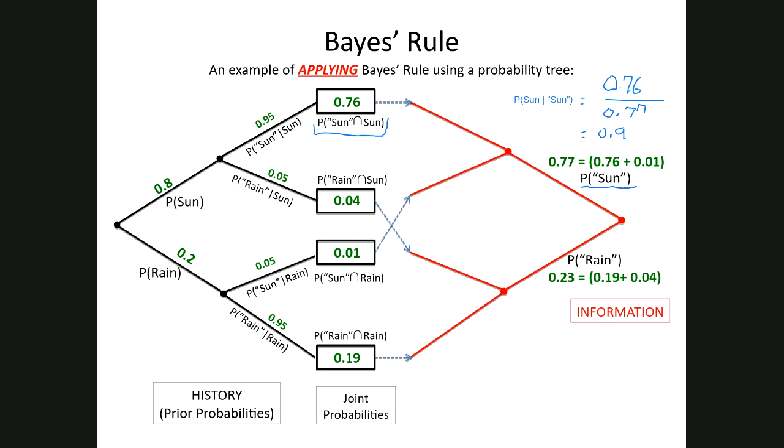So given this information, you see this forecast of sunshine increases the probability that there's going to be sunshine. This is the probability of there being sunshine without information, or before the forecast, and compared to this is the probability of sunshine with information.